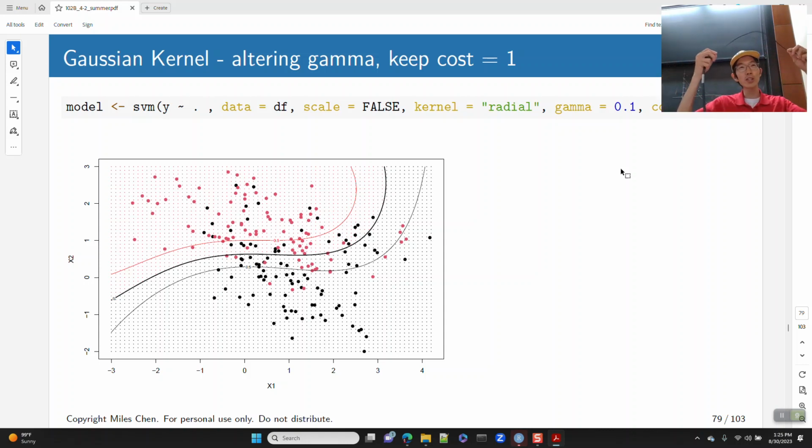Now, the string I give you will determine what your boundary will look like. If I give you a thin cable or a thin string, it's really easy to have tight little twists and turns. On the other hand, if I give you a fat cable, it's going to be really hard to have tight little turns, because this cable is resistant to having tight little corners. And so gamma equal to 0.1 is like having a fat cable that is really hard to make tight turns.